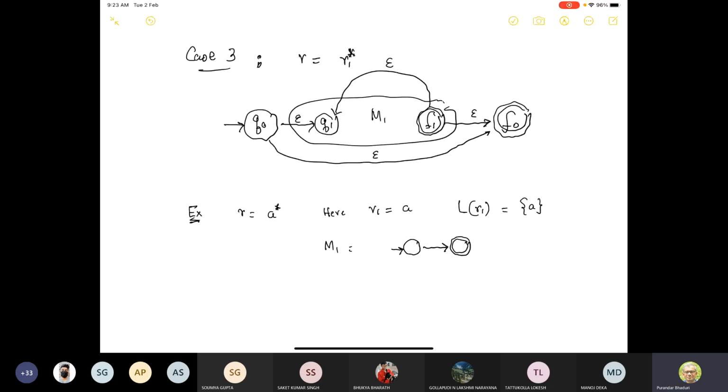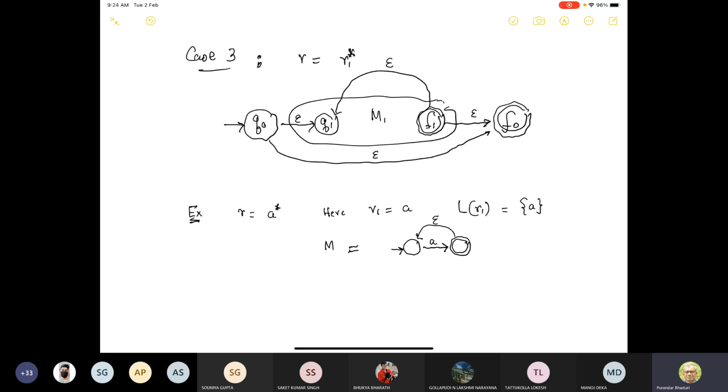Now, if we just added this epsilon transition, and call it M, since we have modified M1, let me call it M. So the question is, will this suffice?